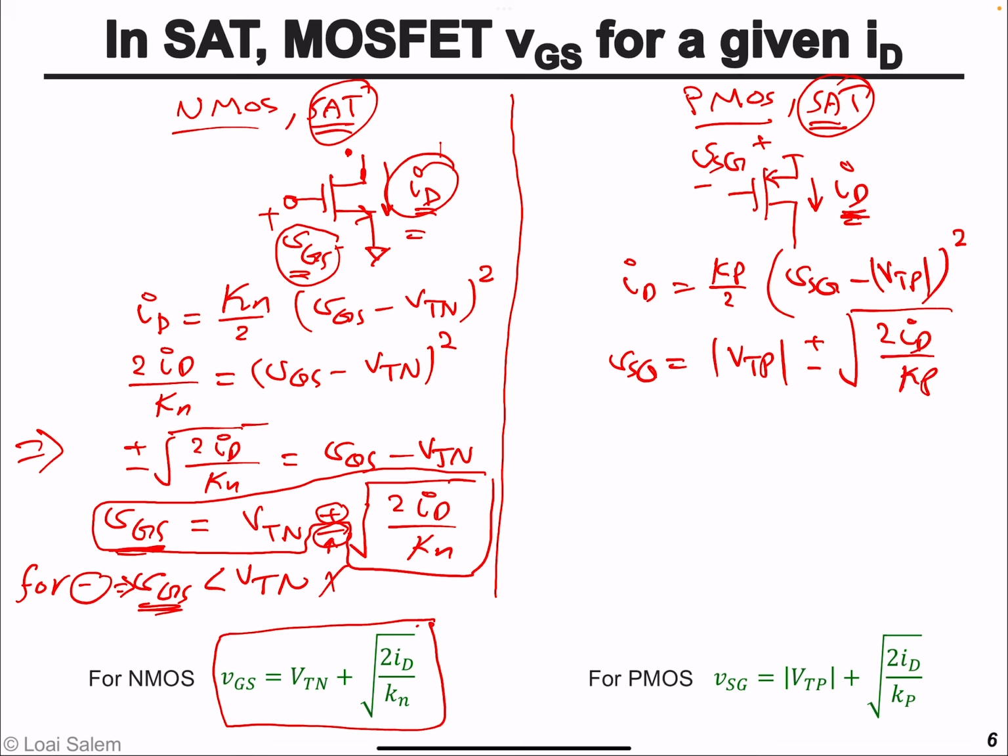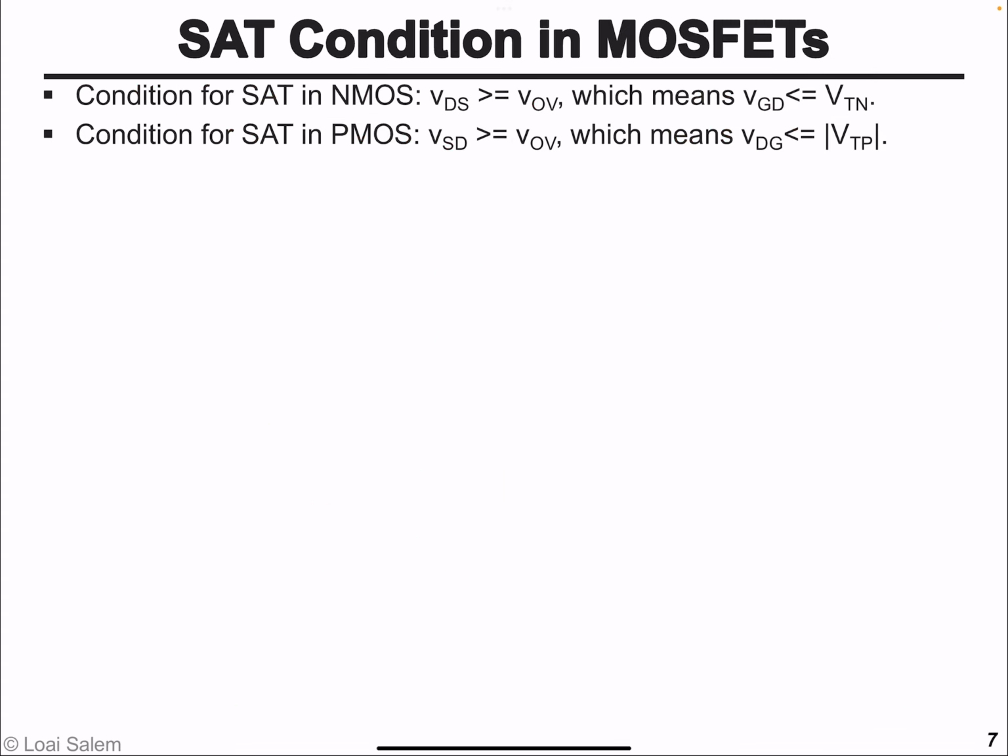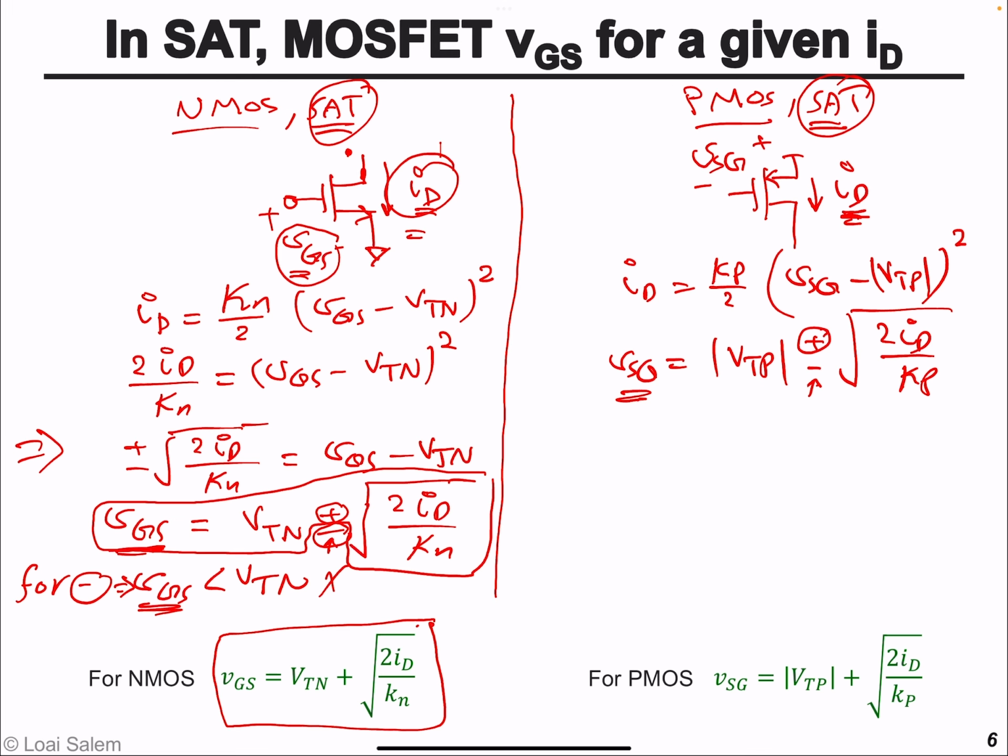Again, we select the positive solution, because the negative solution means that VSG is lower than the threshold voltage, which means the transistor is off. That contradicts the initial assumption given in the problem that the transistor is conducting a current equal to ID. So the corresponding VSG for a particular ID is given by this equation.